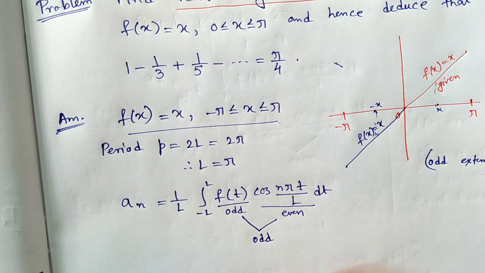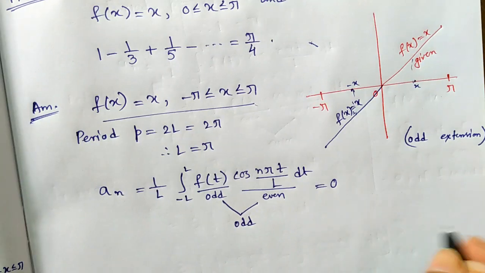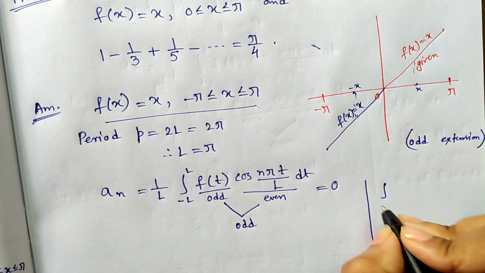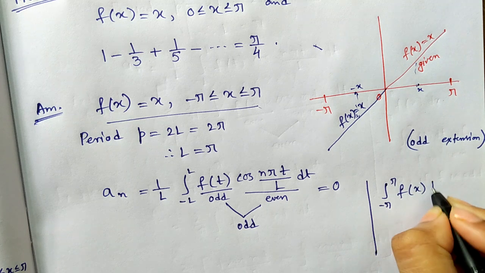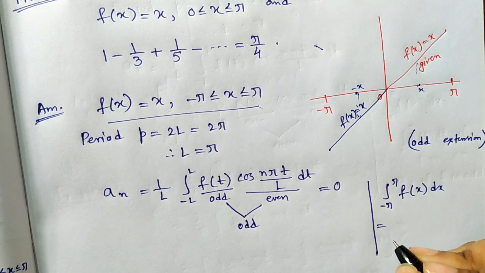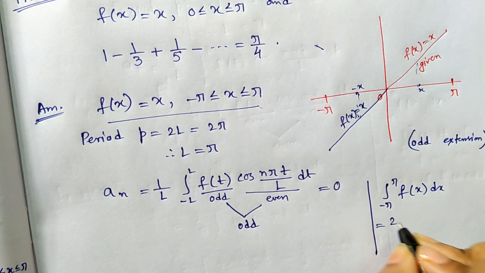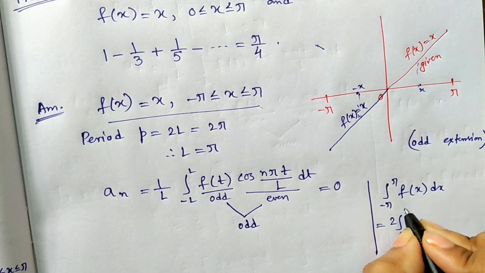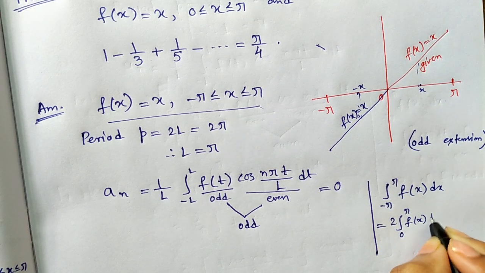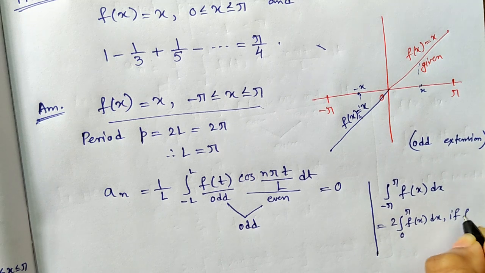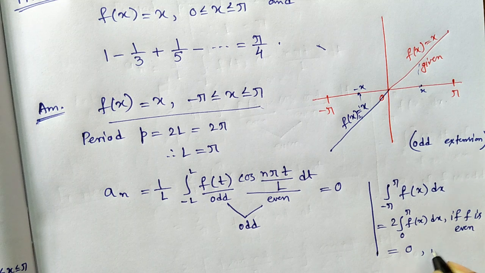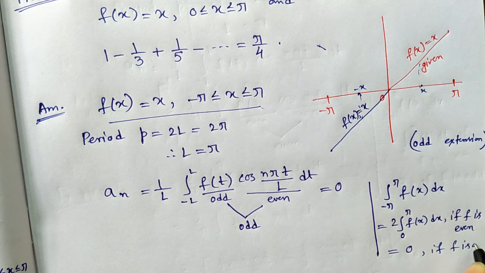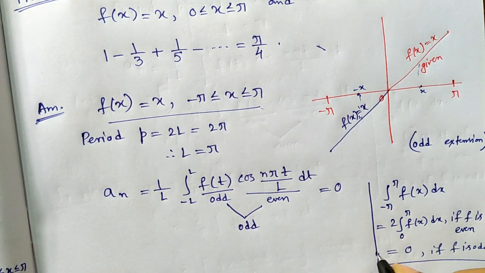So the value of an will be 0 as per our known result. I repeat the known result: integration minus pi to pi f(x) dx has a direct consequence. This equals 2 times integration 0 to pi f(x) dx if f is even, and 0 if f is odd. This is our known result.